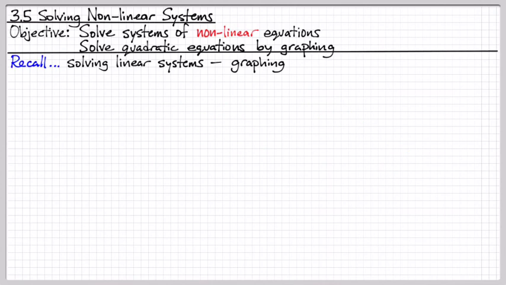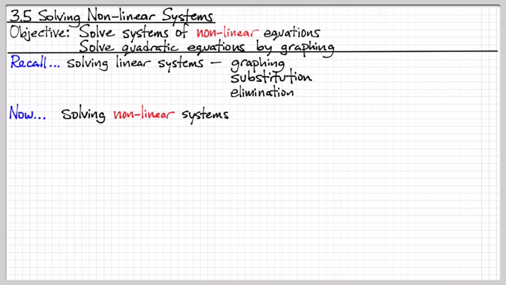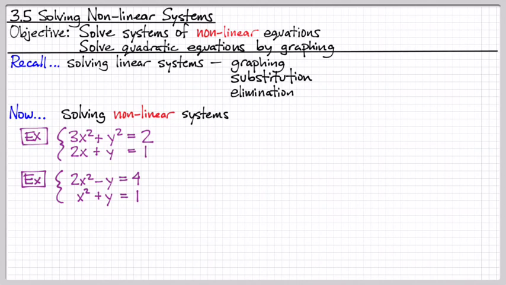So we had those different ways of dealing with linear systems. Now, today, we're going to deal with nonlinear systems. A nonlinear system just means a system of equations, multiple equations, where one of them might not be a line. Like in this case here, these are both parabolas. In this case here, we do have a line, but this other one here is actually not even a parabola.